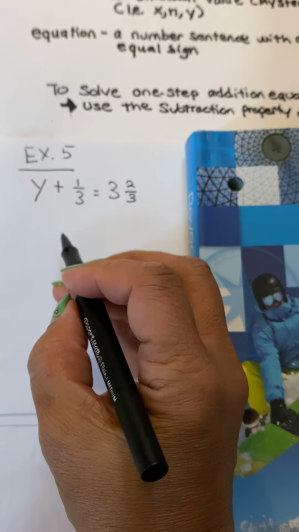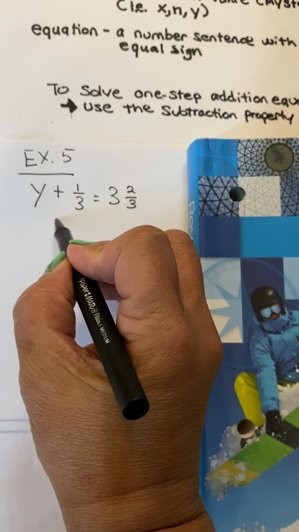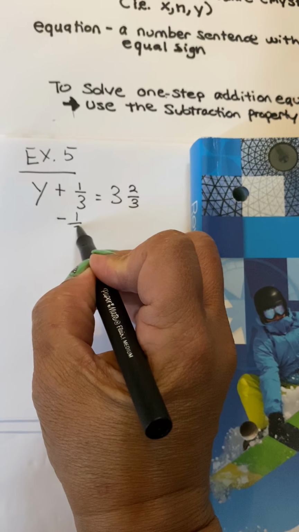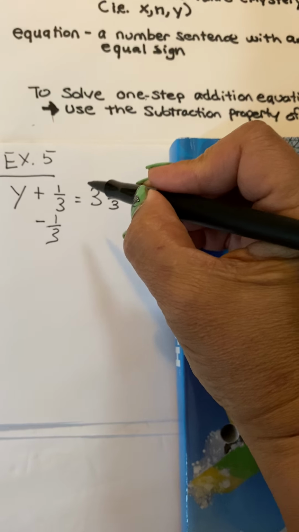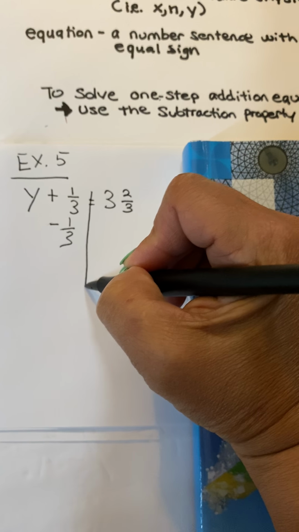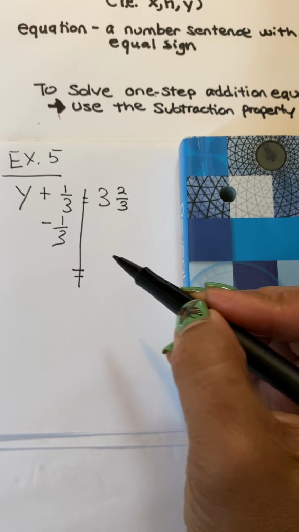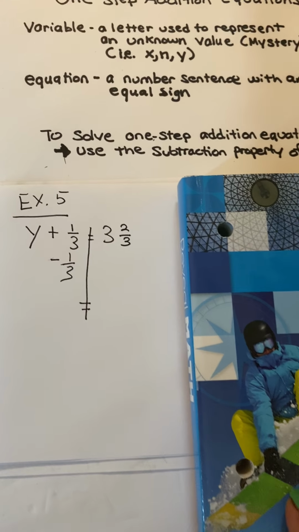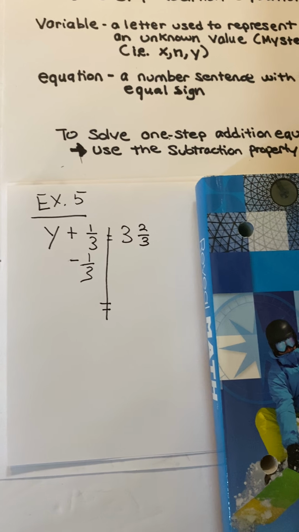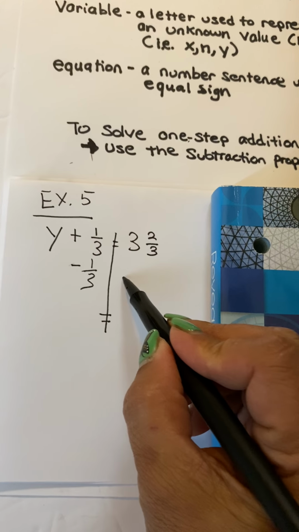So we have plus 1/3, and we're going to have to get rid of that. So we're going to do minus 1/3 on the left side. And remember, the equal sign acts as the fulcrum. It's where it balances everything. So we're going to have to do minus 1/3 on the right side of the equal sign.